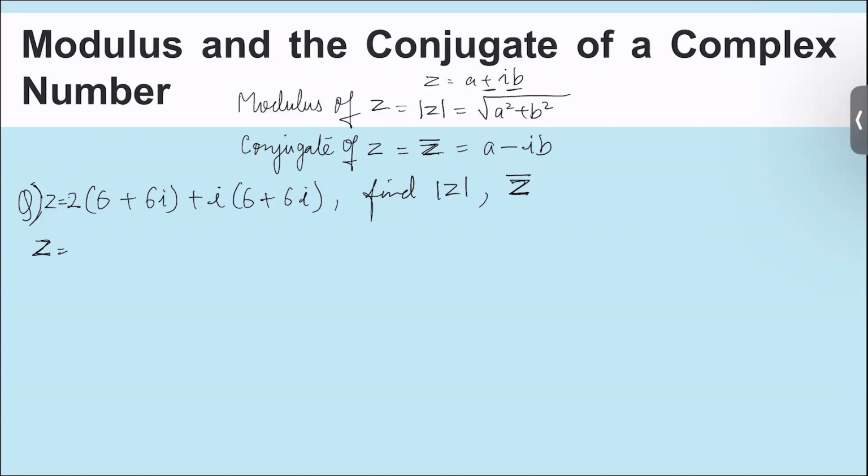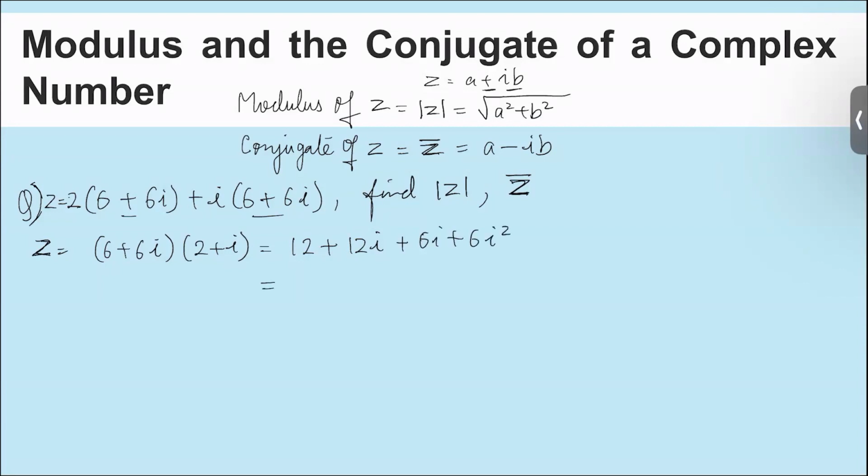Since you can see that this term is common, let's get that to one side, and you have 2 plus i. Let's expand this. You have 12 plus 12i, and then you have plus 6i plus 6i squared.